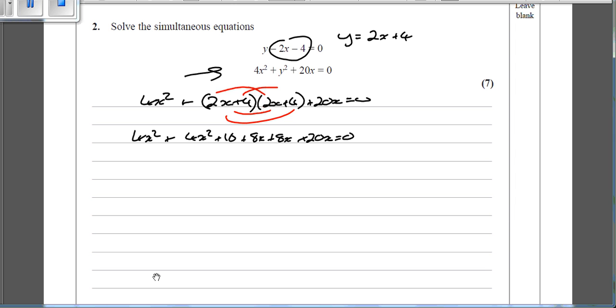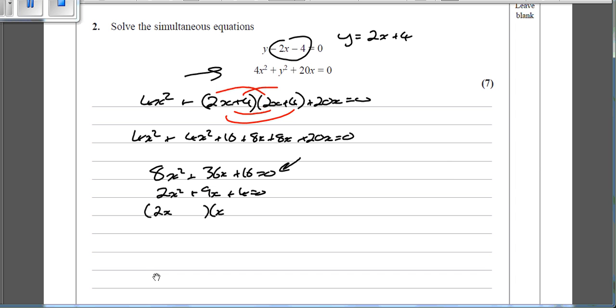Gather together and simplify, so 8x squared plus 36x plus 16 equals 0. And then we factorise. However, what we can do to make it easier is I can see that 4 goes into all of them. So if I divide through by 4, that's going to be 2x squared plus 9x plus 4 equals 0. And remember, we need to divide this side by 4 as well, but 0 divided by 4 is just 0.